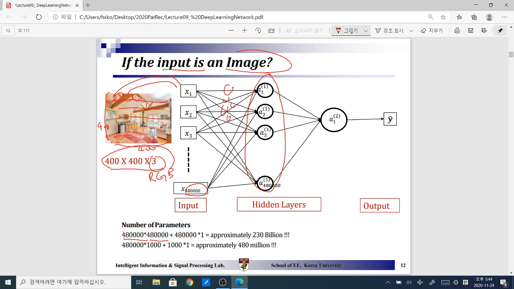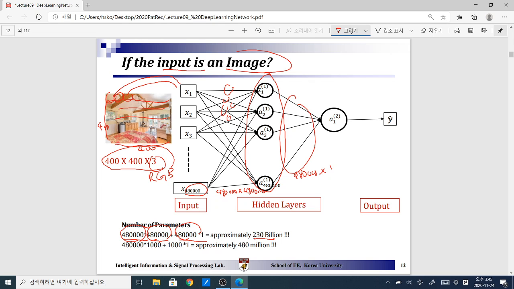And then we have 480,000 here, times 1. So if you compute the product of this and then add this, that's going to be approximately 230 billion. So quite a big size of weights or parameters.